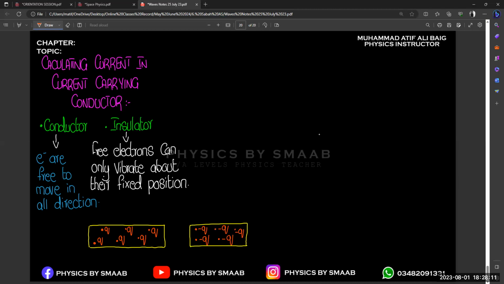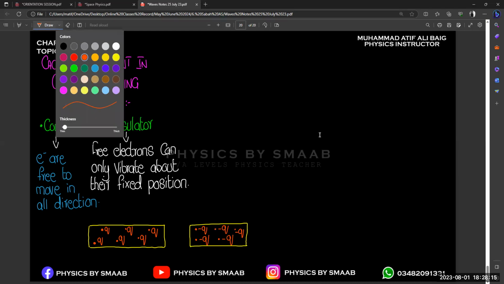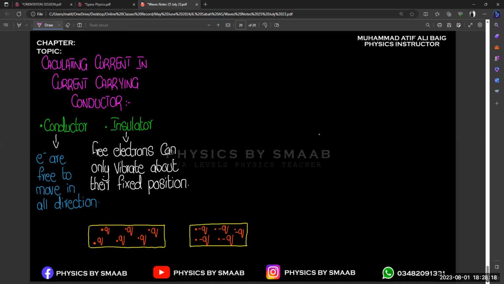So in the first diagram, we have positive charge carriers, and in the second diagram, we have negative. In the first diagram, it means we are focused on positive charge.